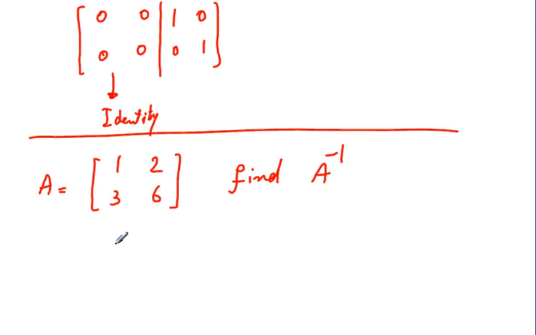Again, we start our process by saying that we try to augment this thing. So here's 1, 0, 0, 1. We augmented this matrix, and I try to go about my business.